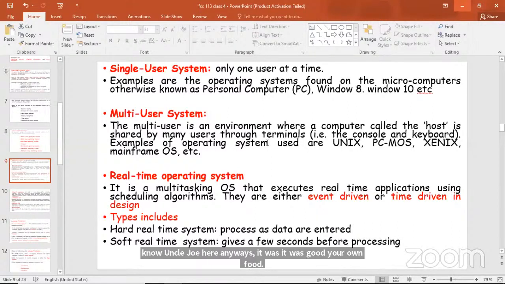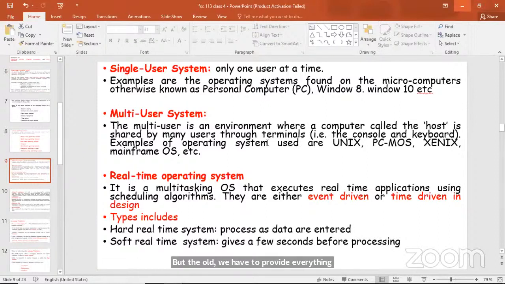But in advanced culture, you may have to go with your food or drink. But the host has to provide everything that we need. So if you need water, the host will provide. If you need drinks, the host will provide. If you need where to sit down, the chairs, the host will provide. If you need a fan, the host will provide.